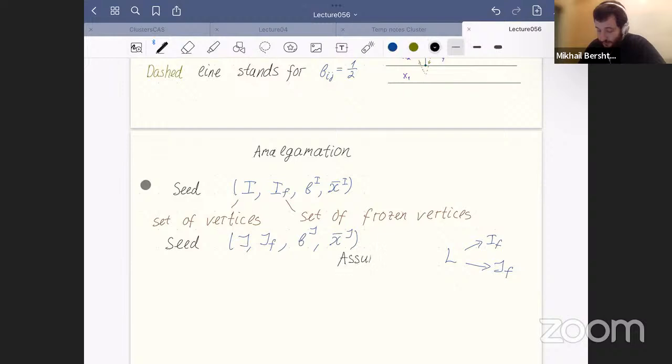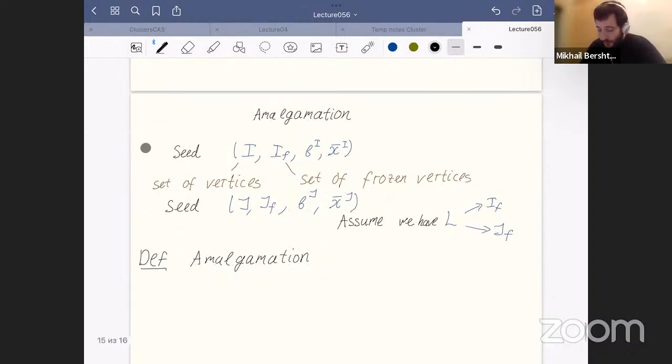Assume that, then we can define amalgamation. Definition. Of the two seeds above is the following seed.